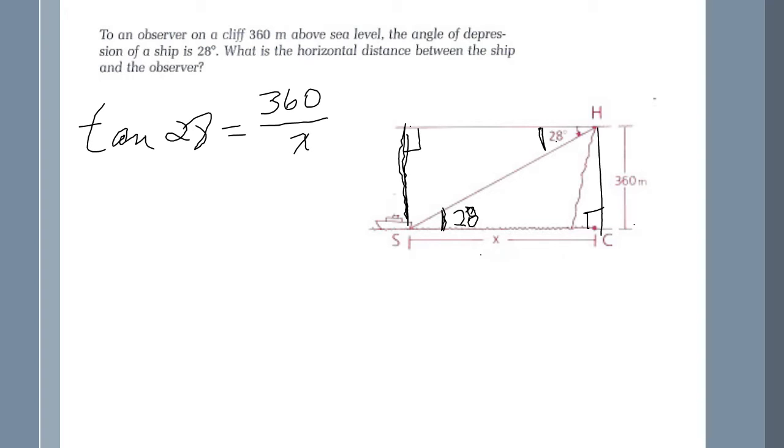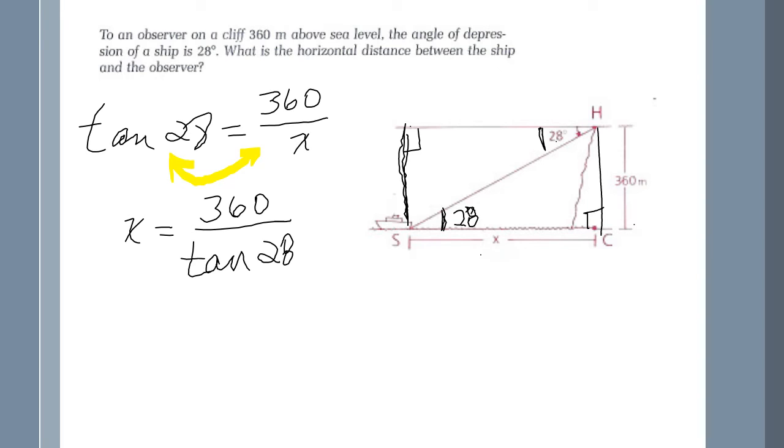And if you remember me talking about this, we can switch these two out, switch these with each other. So x is going to equal 360 divided by the tangent of 28.